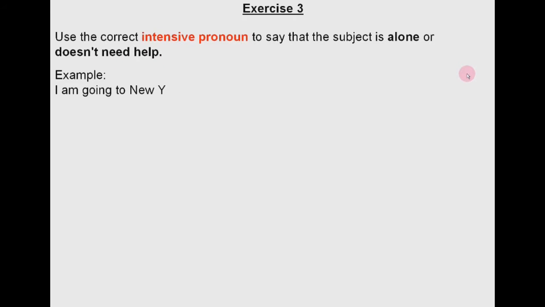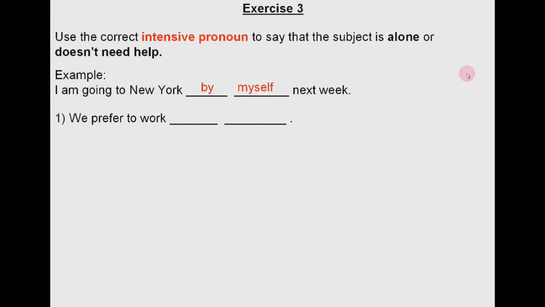Example, the answer is: I am going to New York by myself next week. Question 1. The answer is: we prefer to work by ourselves.